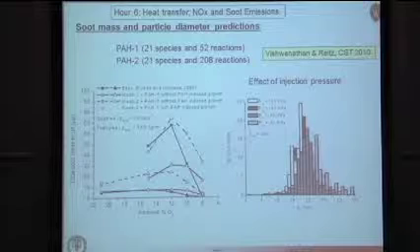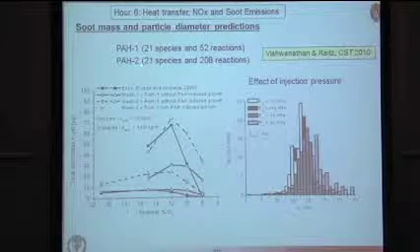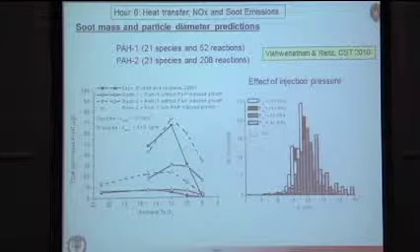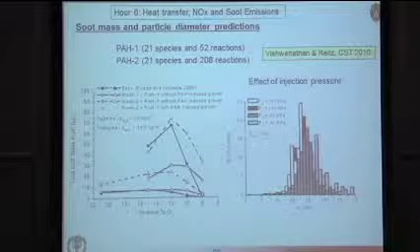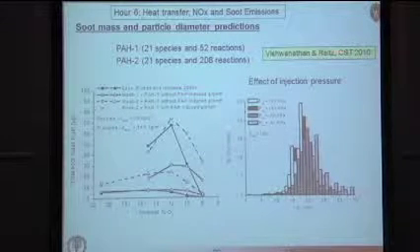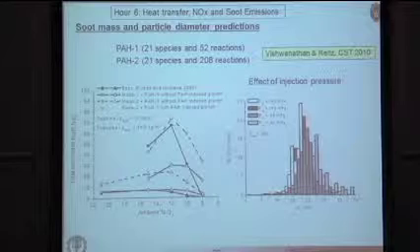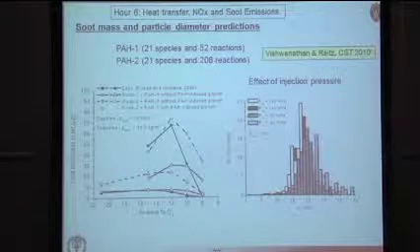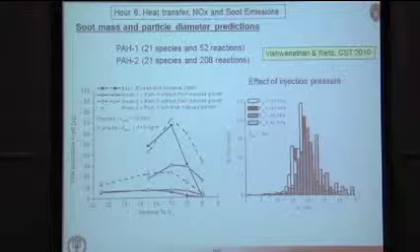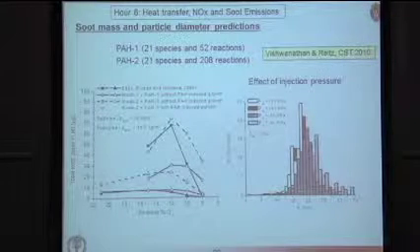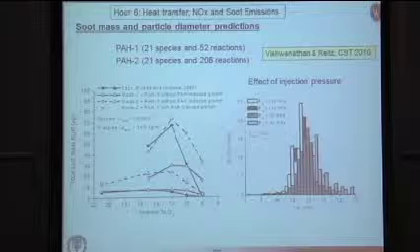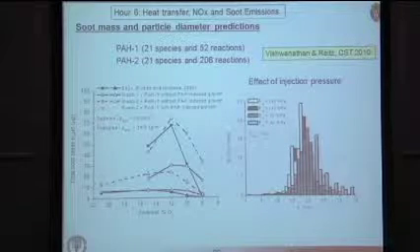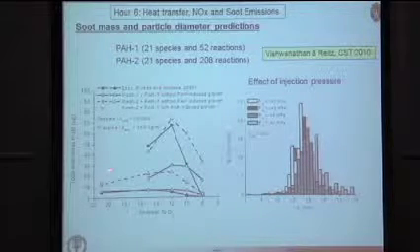So here, this shows some results. We had actually two different PAH mechanisms, a more reduced one and a more detailed one. This is published in Gokul Vishwanathan's thesis and also in Combustion Science and Technology. You can see that not only are we able to predict pretty much the right location of the soot in those simpler experiments, but also the total soot mass.